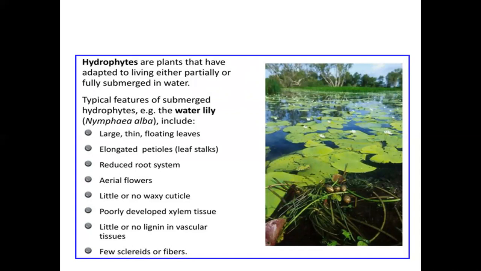So hydrophytes are plants that have adapted to living either partially or fully submerged in water. Typical features of submerged hydrophytes, for example, Nymphaea, include large, thin floating leaves, elongated petioles, reduced root system, aerial flowers, little or no waxy cuticle, poorly developed xylem tissue, and little or no lignin in vascular tissues.